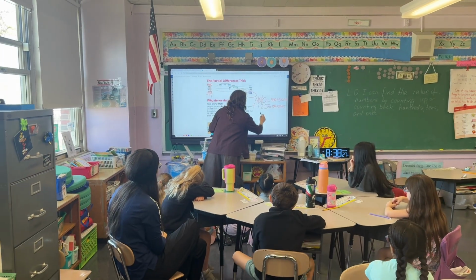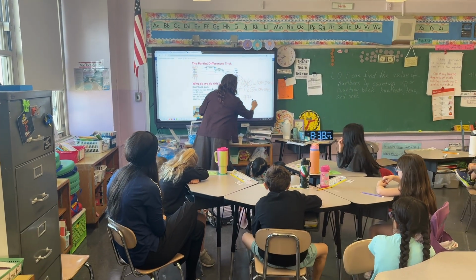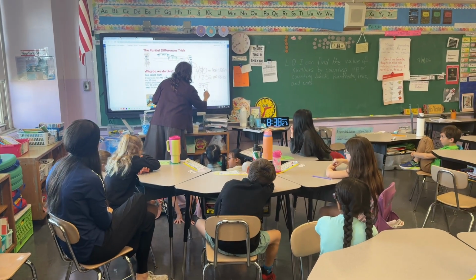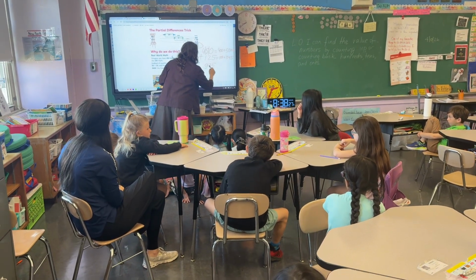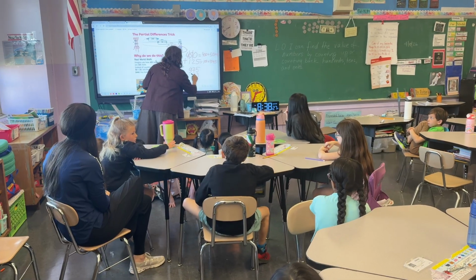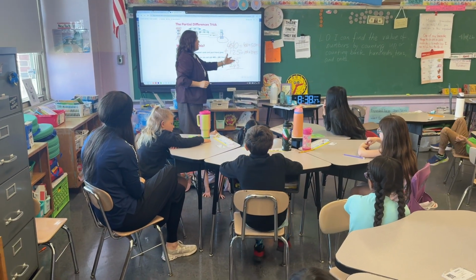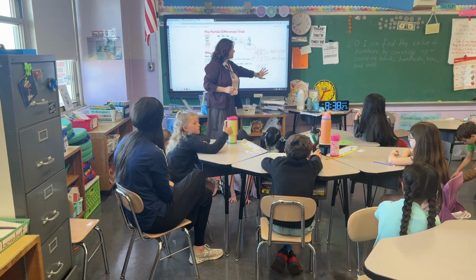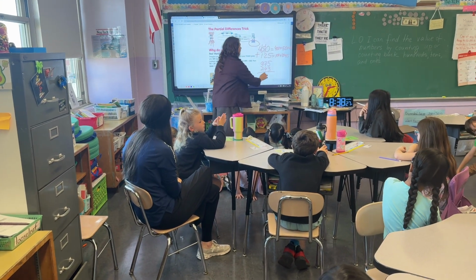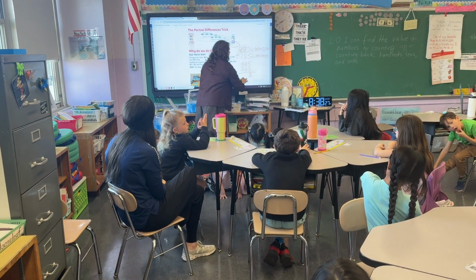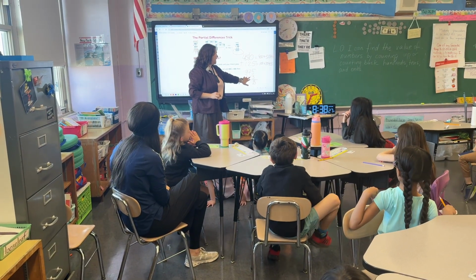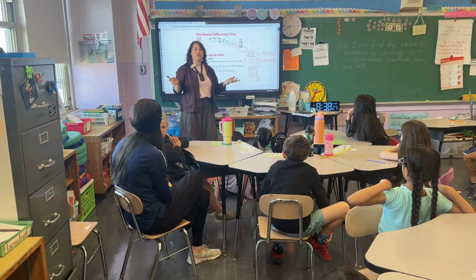Let's say we have a bigger number, 975, and the number 243. So why do we start with the ones? Because when we start with these numbers, 5 and 3, we can add 5 and 3, we get 8. Then we get 7 and 4. What are we doing next?